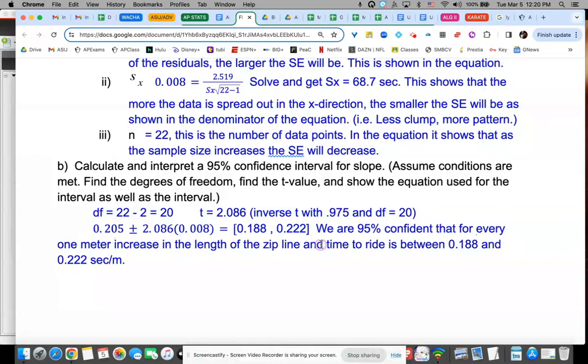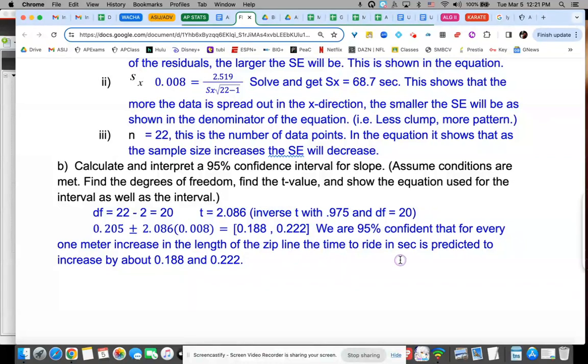In the length of the zip line, the time to ride in seconds is predicted to increase by about 0.11 and there we go.